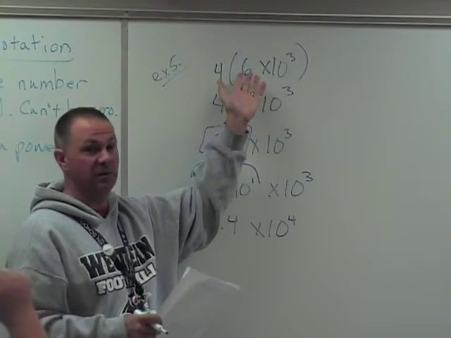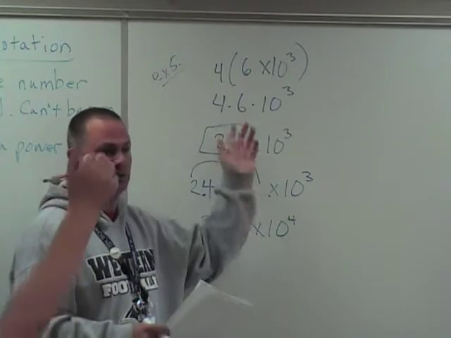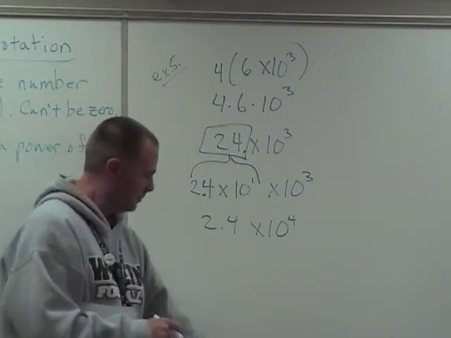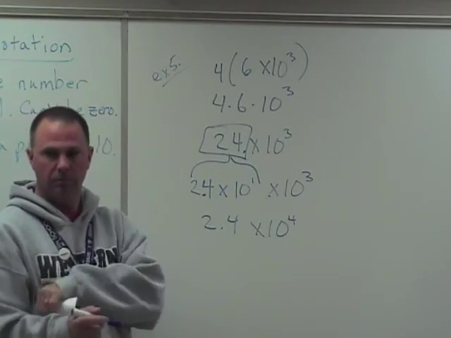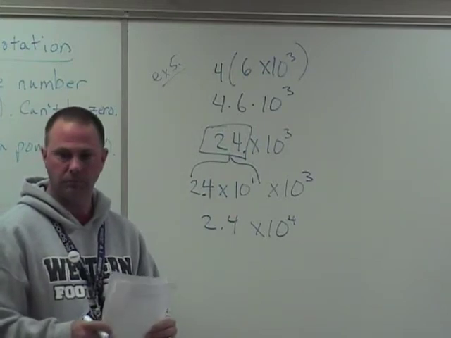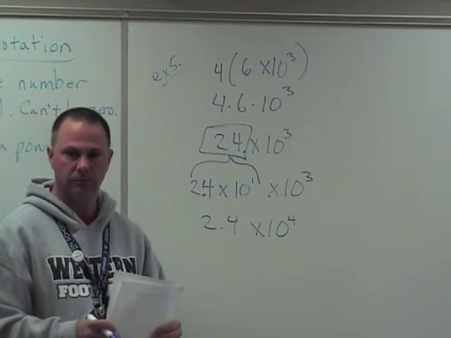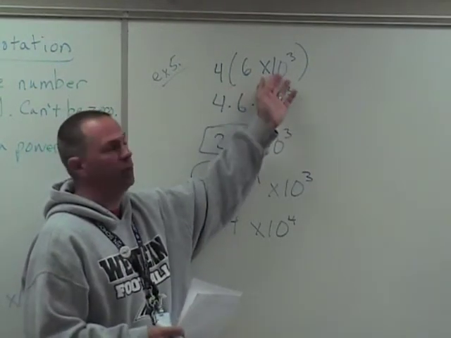If they say put it in standard form, then yeah, you're going to figure this out. They're going to say put it in scientific notation. You're not taking and doing 10 to the third.